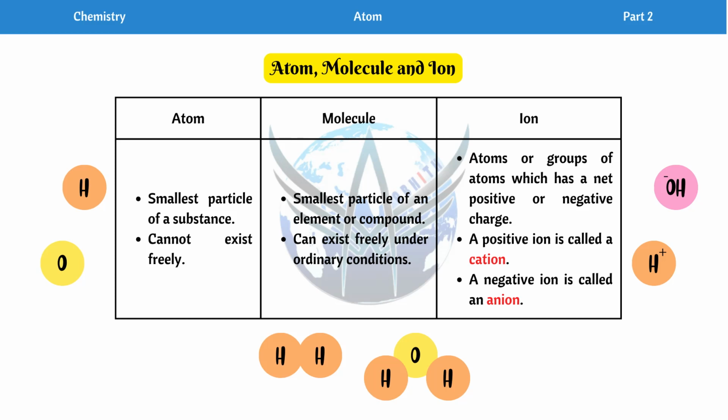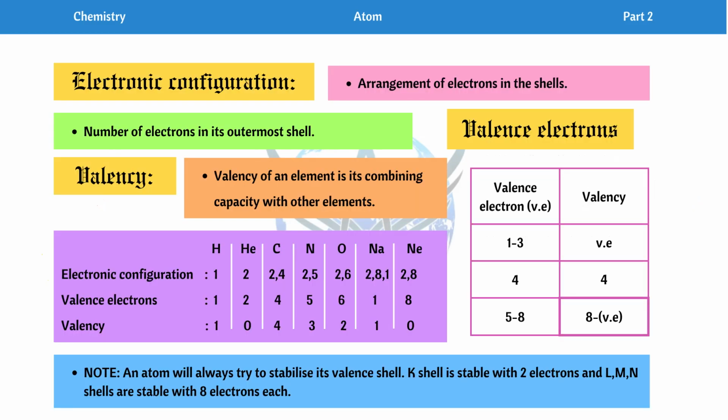Next, we need to know about electronic configuration, valence electrons and valency. In previous years we have seen that many questions have come on electronic configuration, valence electrons and valency, and there is a good chance they will come this time too. The question may directly ask what the electronic configuration of a particular atom is, or what its valence electrons or valency are. So what is electronic configuration? Electronic configuration is the arrangement of electrons in the shells.